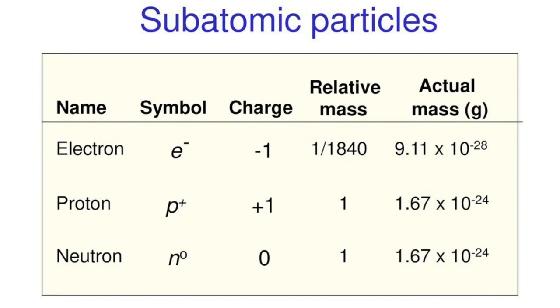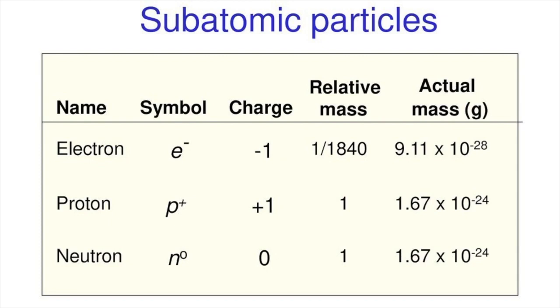Now the subatomic particles, the atomic particles which are inside an atom, and their sizes. If you see the electron, it has a negative charge of -1, and its relative mass compared to a proton or neutron is 1 by 1840.